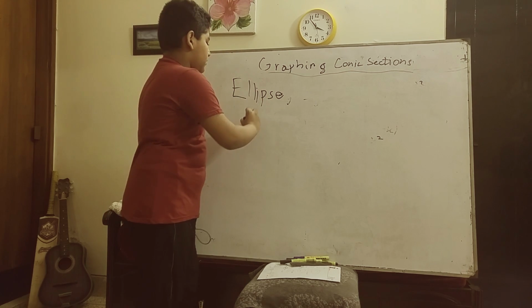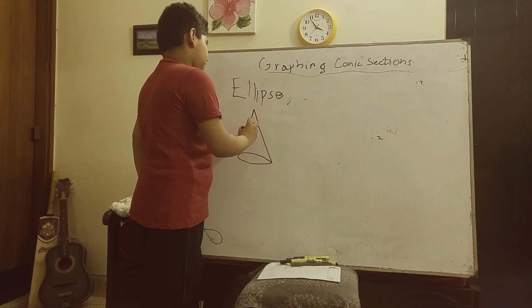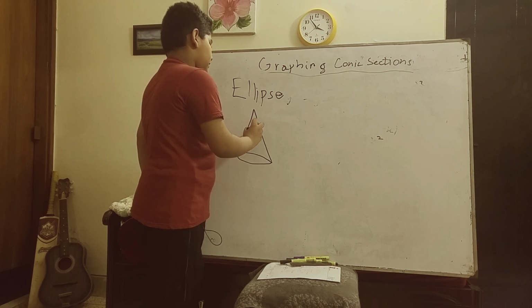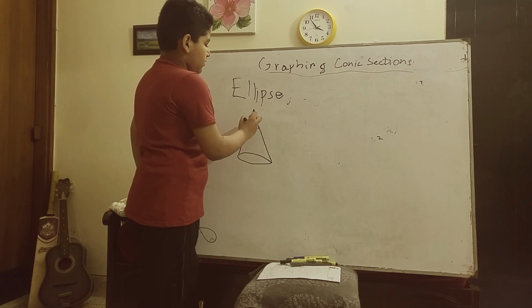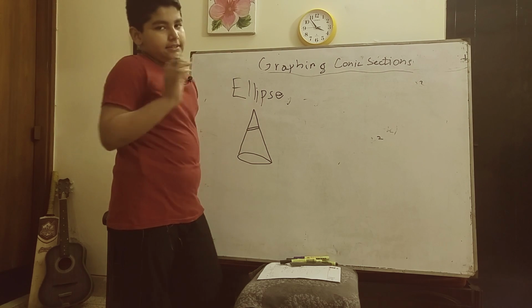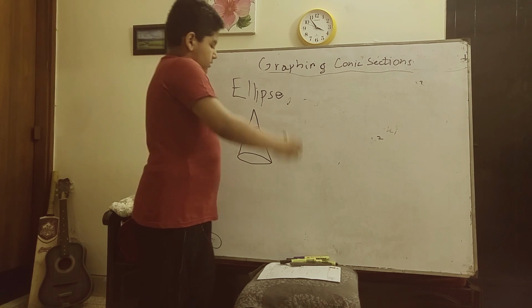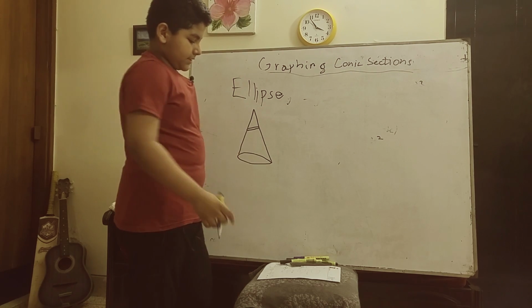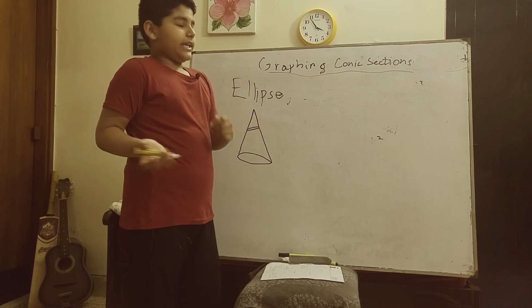Let's recall that an ellipse is when a plane is tilted yet still intersecting one half of the cone, unlike a circle, which is in the exact plane as the cone. So that's what an ellipse is. Well, in one way anyway.